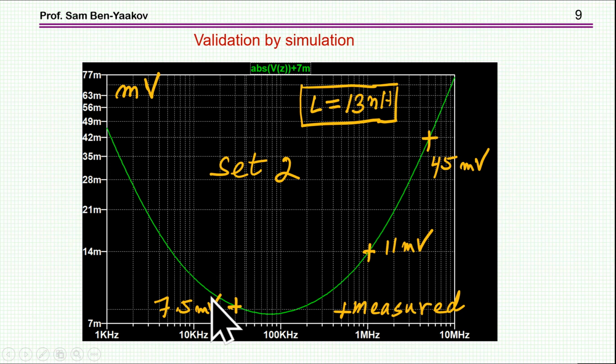And here I'm showing how good is the extraction of the parameters of this capacitor in terms of the capacitance, resistance, and inductance. And what we see here are measurement points, and the curve itself comes out of a simulation which uses this model with the parameters that we have extracted, and you can see that we have a very, very good model, and obviously this is the minimum point, and this is the frequency for which we can calculate, knowing the capacitance, the inductance, which comes to be 30 nanohenry.